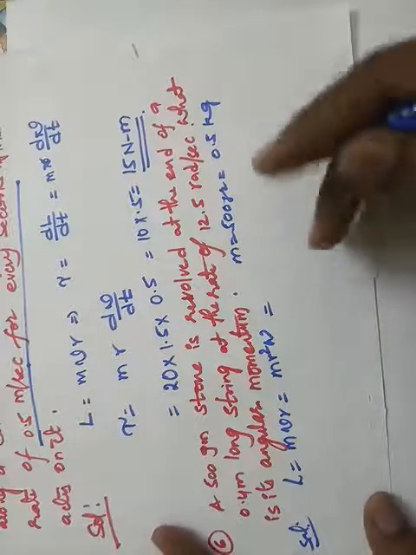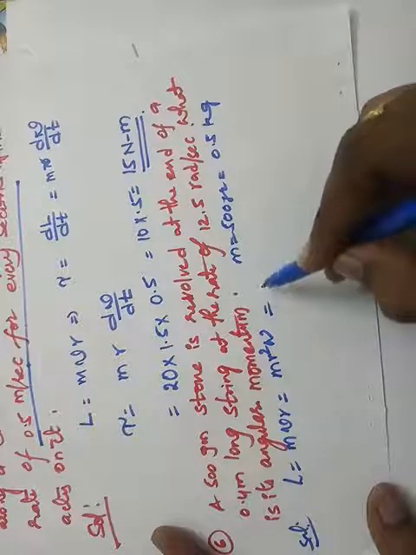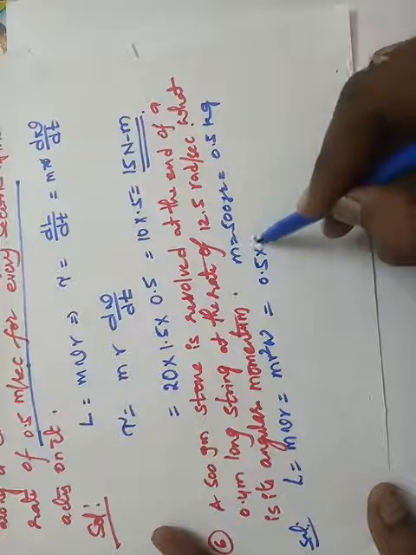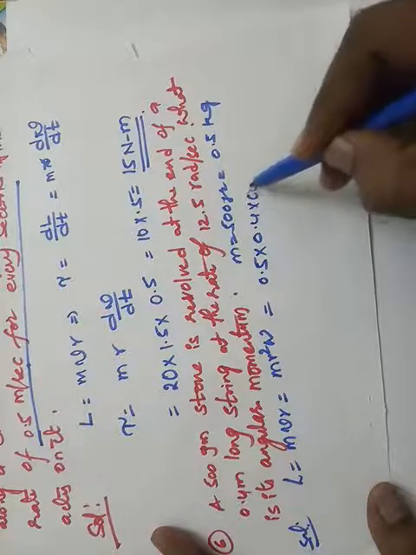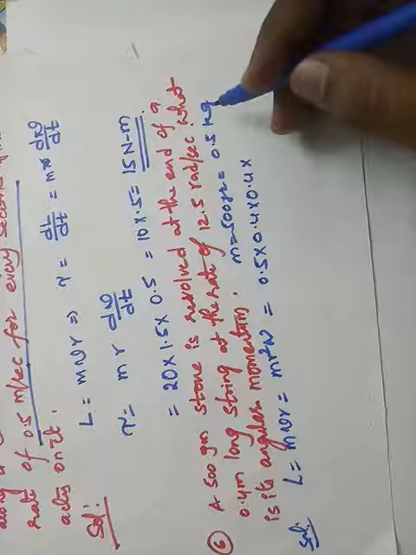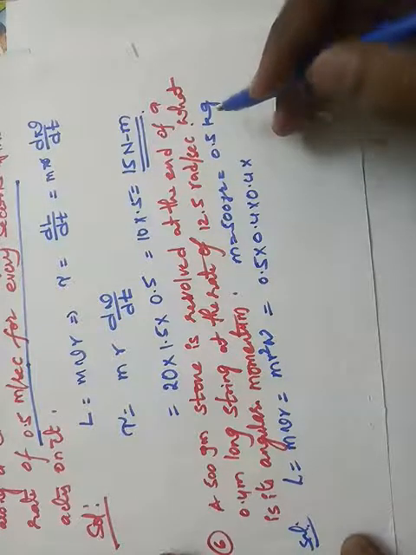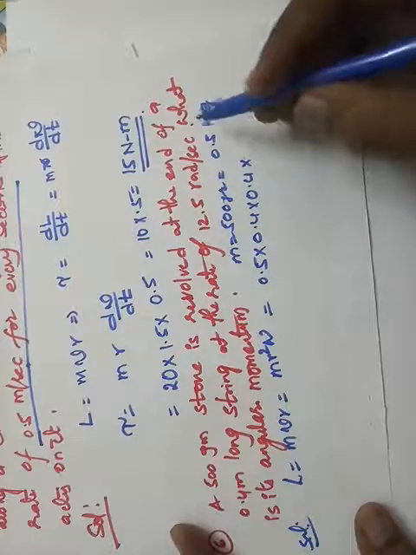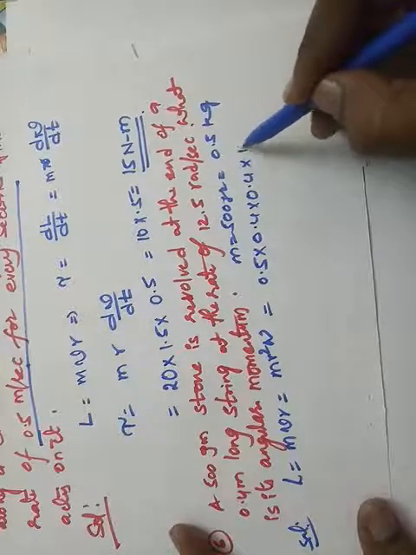So here it is 0.5, and the r squared value is 0.4 into 0.4, which is 0.16, and the omega value is 12.5 radians per second.